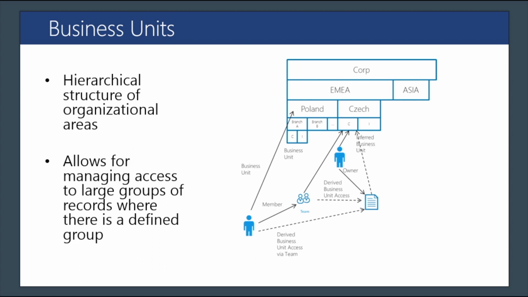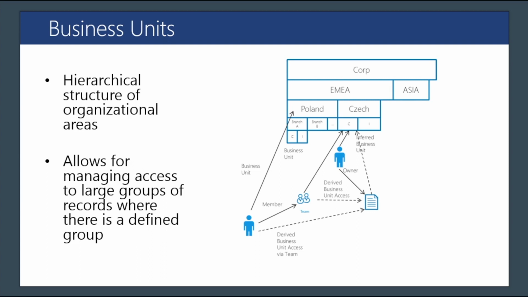If there was a user that was a member of the EMEA business unit, but they were a member of the team that was created within the Poland business unit, then it would grant that EMEA user access to the records that are owned by the users in the Poland business unit, if that was what the security role granted, if we said it was business unit level access. And if we skipped up a level to corp, again, it all depends on the security role.